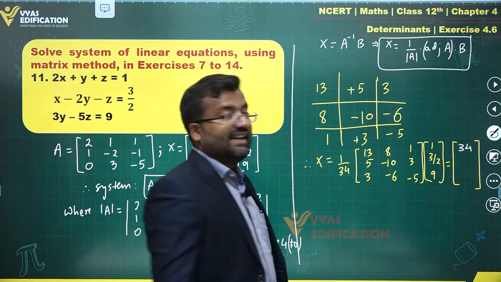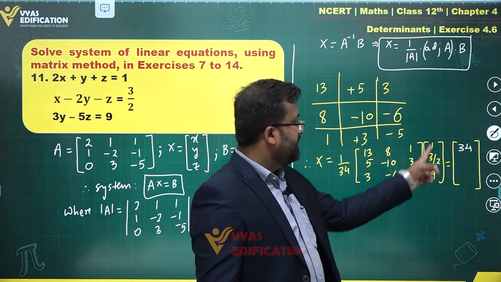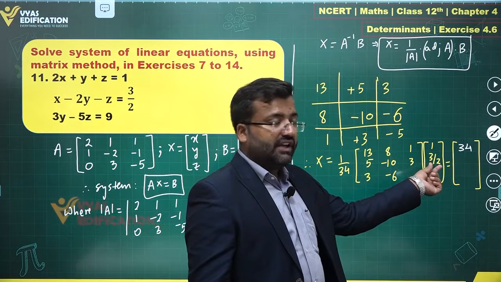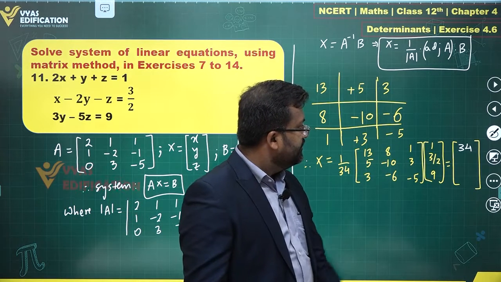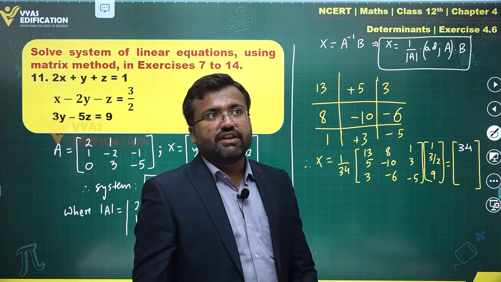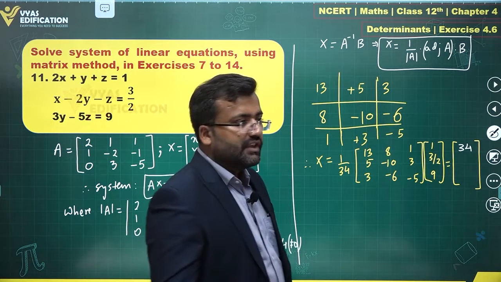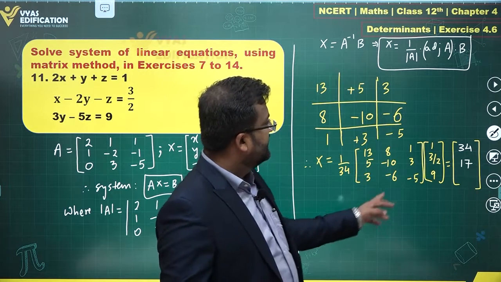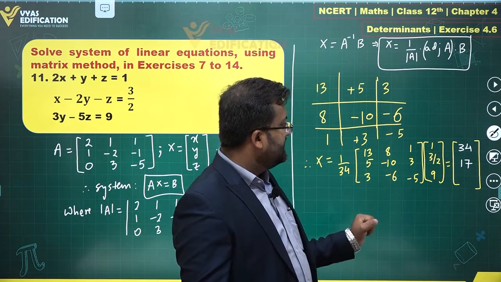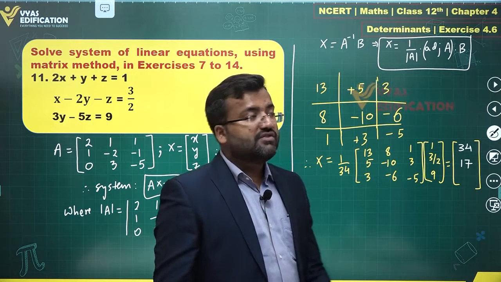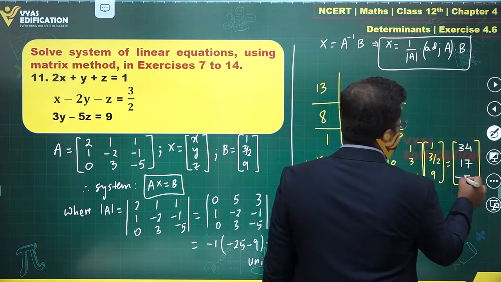Next, this row multiplied with this column. 5 minus 15 is minus 10 plus 27. Minus 10 plus 27. 27 minus 10 is 17. Next, 3 minus 9 is minus 6 and minus 45. Minus 51 is what I'll get.